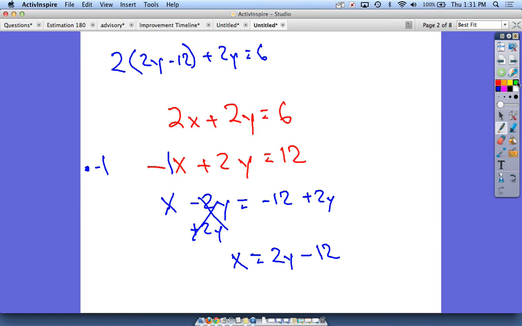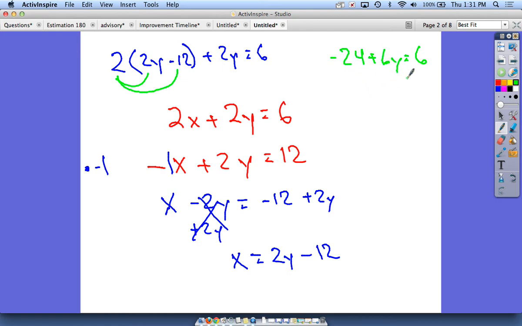So this would be the distributive property, which would leave me with 4y. 2 times 12 would be 24, and it's minus 24, plus 2y equals 6. Okay, let's combine terms together here. I've got 2y and I've got 4y, which would be 6y. So I'll replace this with 6y.